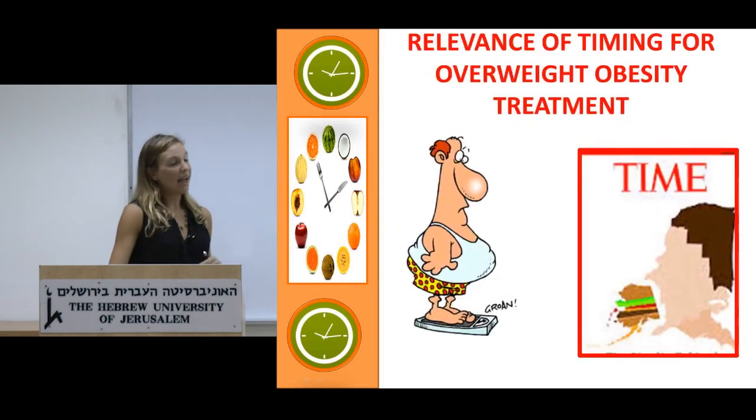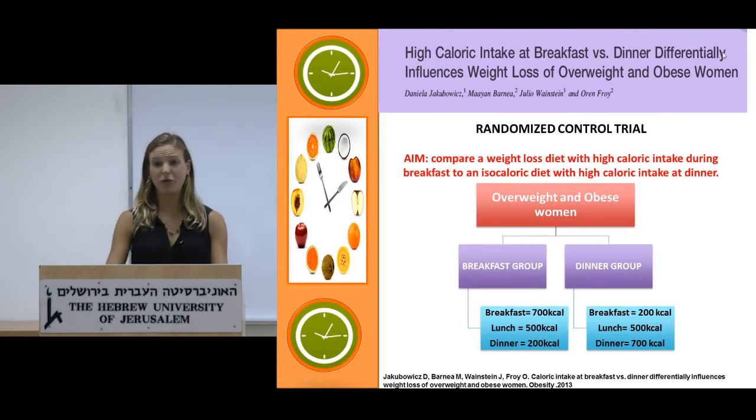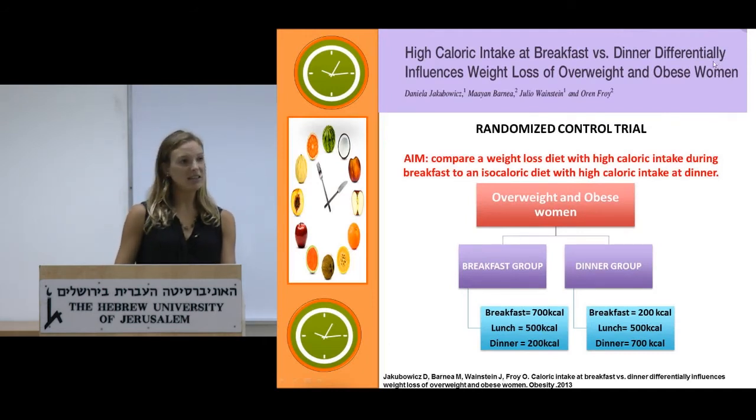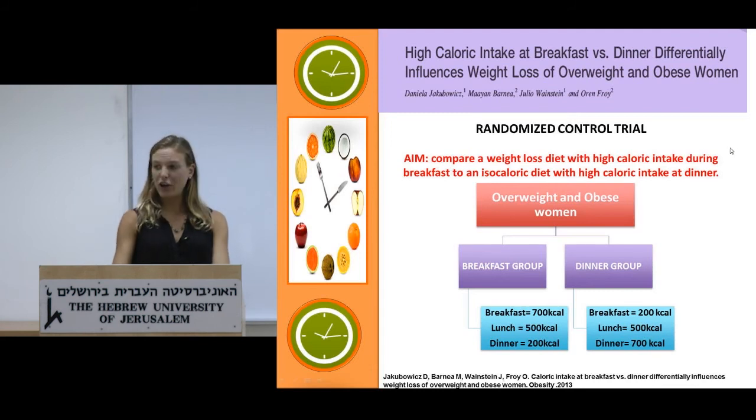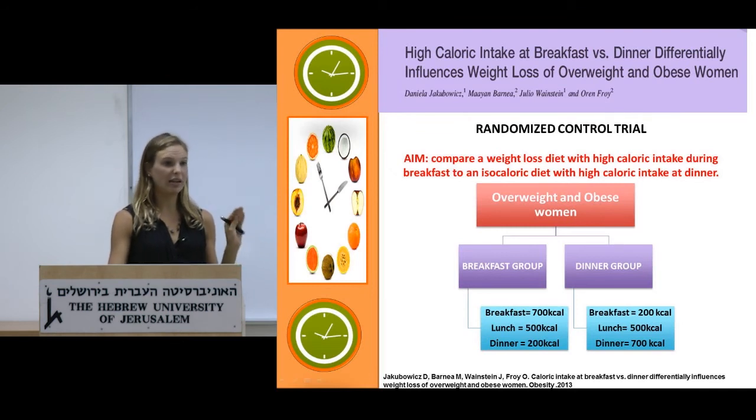Okay, for relevance of timing for overweight and obesity treatment, I want to show you, first of all, this study. In this study, they compare a high caloric intake at breakfast and at dinner. They had exactly 2 groups of overweight and obese women with exactly the same diet, an isocaloric diet of 1,400 calories.